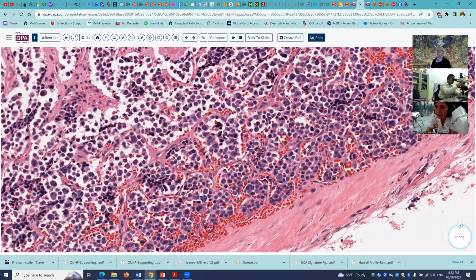So one thing with regard to grading, as you know, we grade tumors in the well-differentiated neuroendocrine tumors on the basis of mitotic index and Ki-67 labeling index.